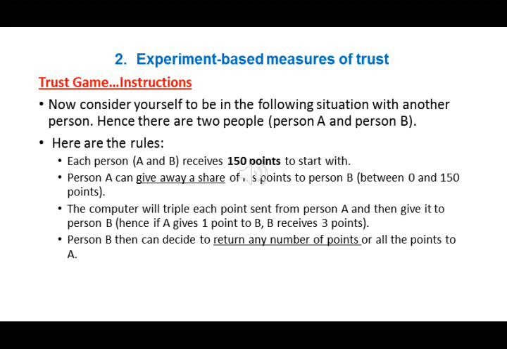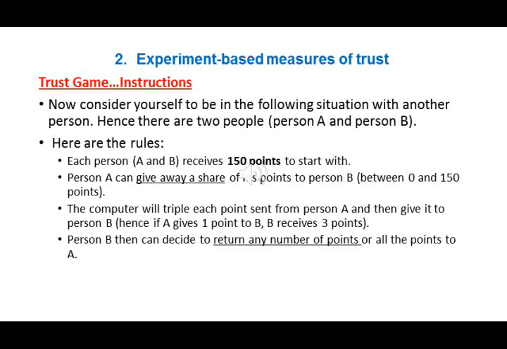Here are the rules. Each person, A and B, receives 150 points to start with as an endowment. Person A can give away a share of his points to person B, between 0 and the 150 points that he has.